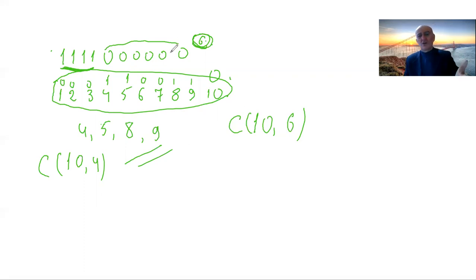By combinatorial reasoning, we can conclude it from this reasoning.